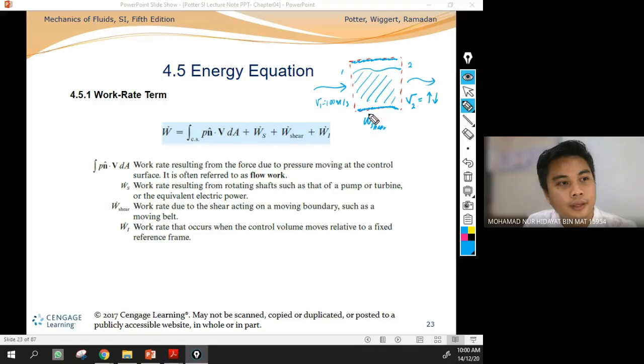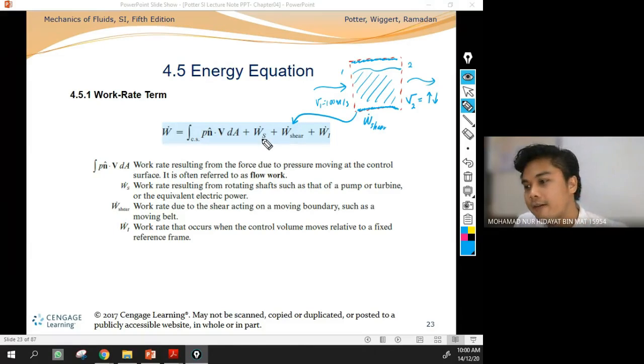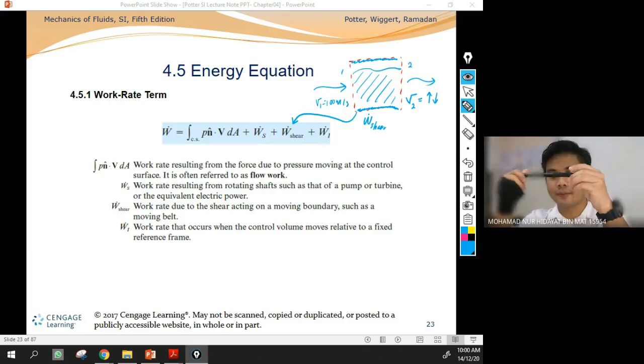Alright. And Ws, work from the shaft. For example, the system consists of a turbine or a pump. Pump or turbine, there is a shaft. The shaft is moving. There is the blade, there is the shaft.